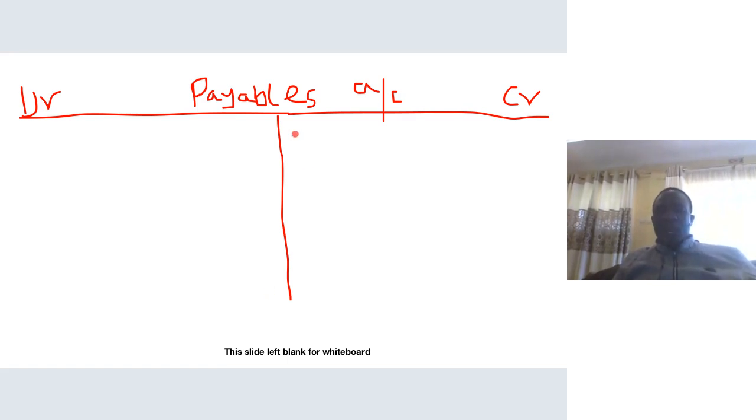An account has the date, the details, and then the amount on the other side. So we have the date as July 19. Then in the details, we have purchases.